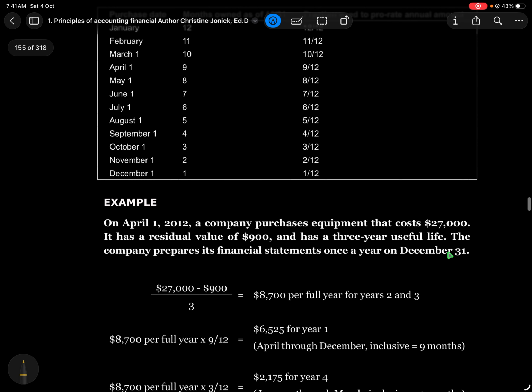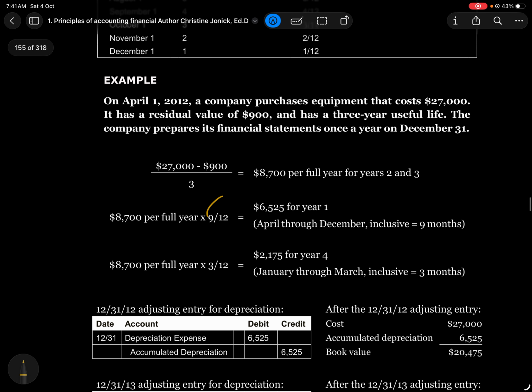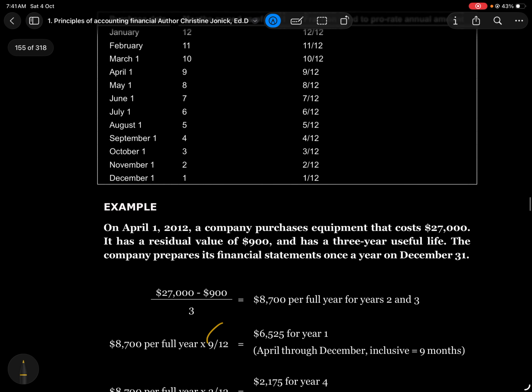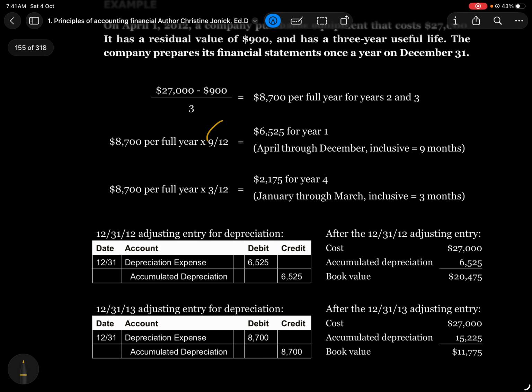It could be a little bit different, because in the first year we might only use it for 9 by 12, 9 months. In the next year it could be used fully, but it just depends, because you might sell it at the mid period as well, right? So we will need to compute this very carefully.